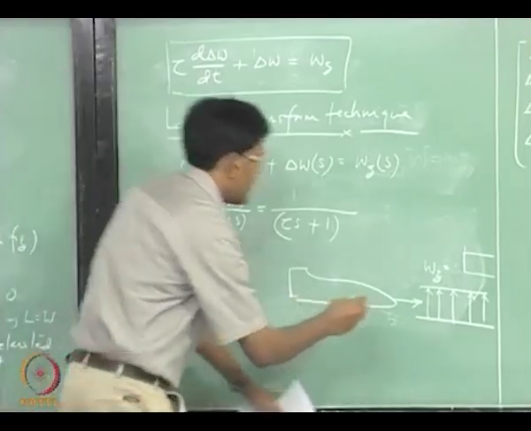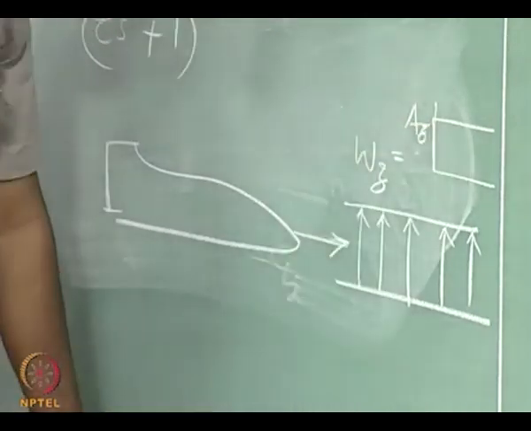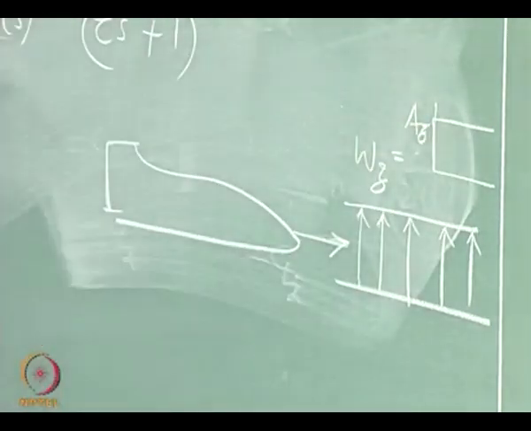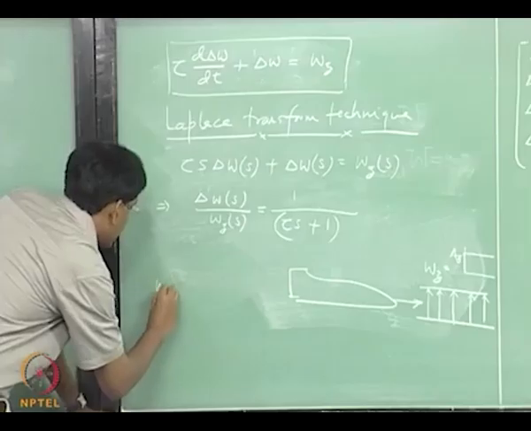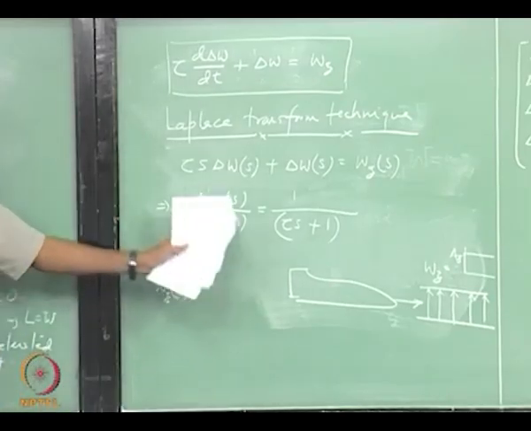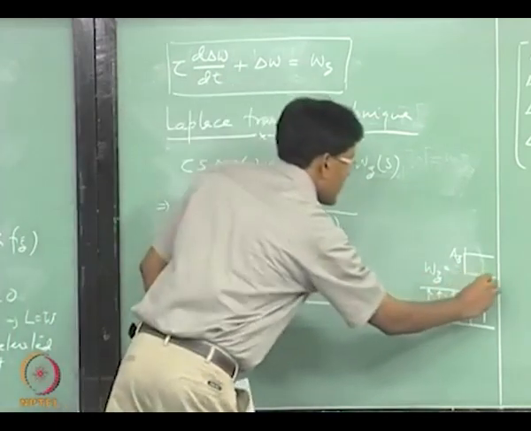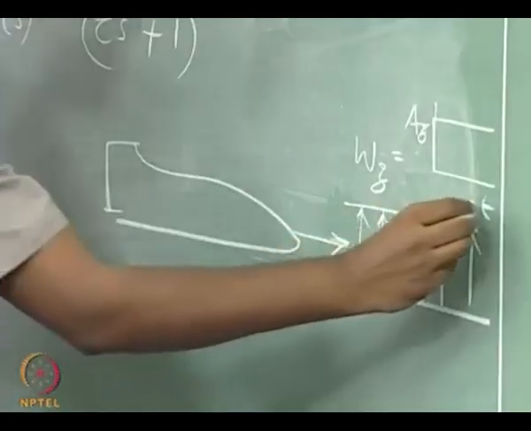So let us say that this amplitude of this step is AG. What is the WGS for this step input? We have to take the Laplace transform of this time variation.